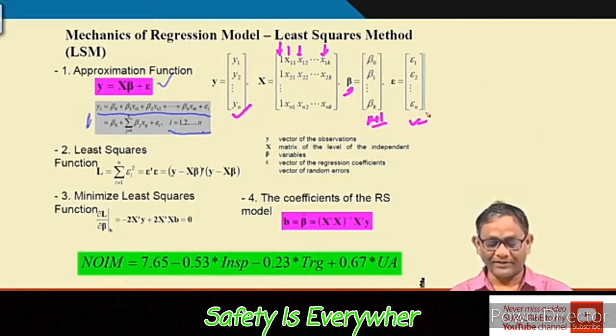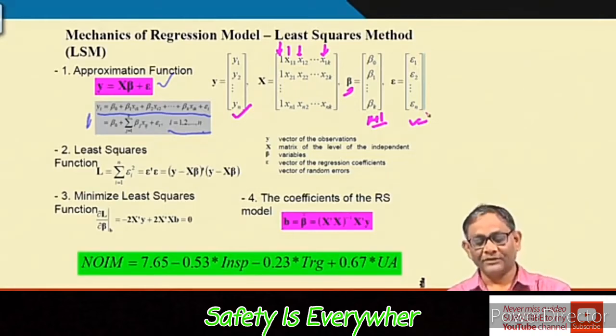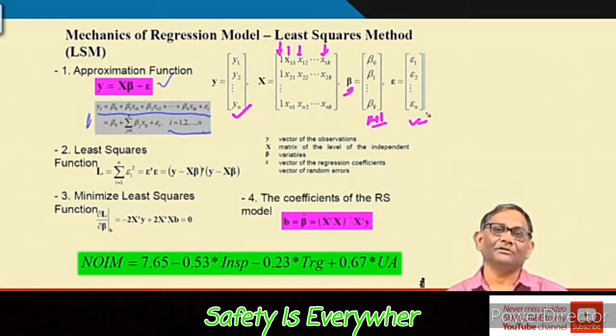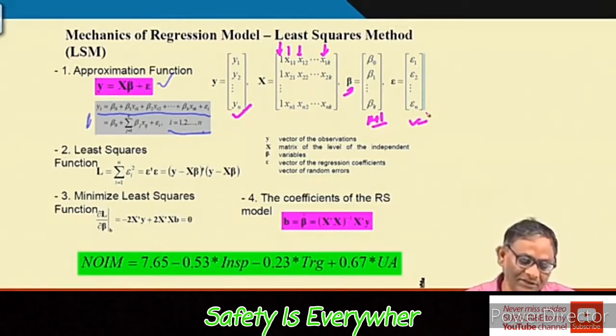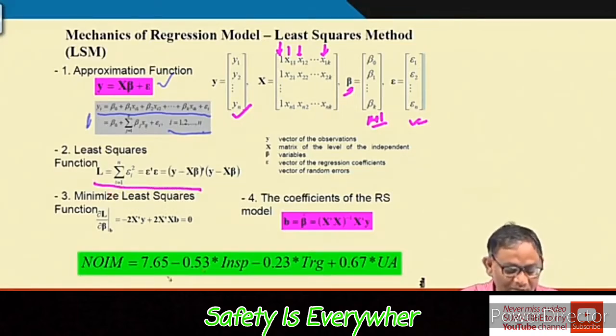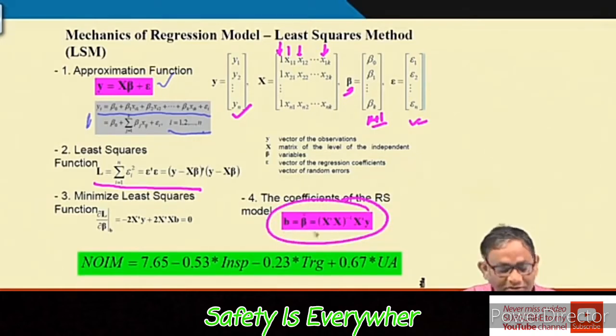When you fit the model, the difference between the predicted or fitted values and the actual values is considered, that is the error, and the sum of all the squared differences needs to be minimized, and that is the least squares function. If you minimize this, ultimately you will get a matrix equation like this, which gives you the estimate of the parameters.